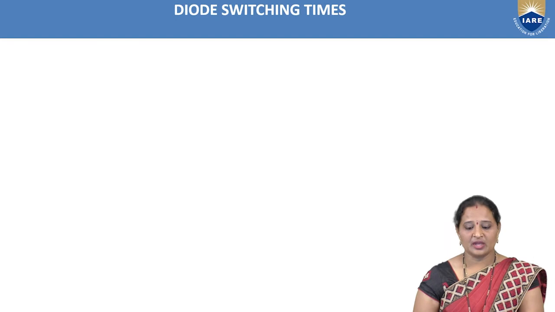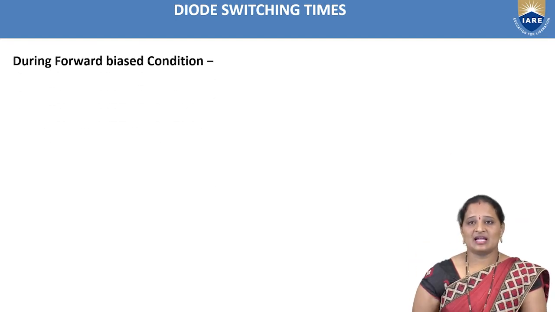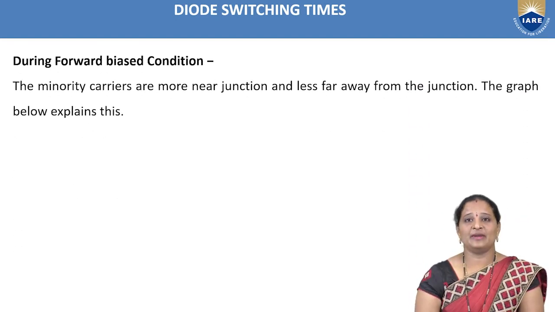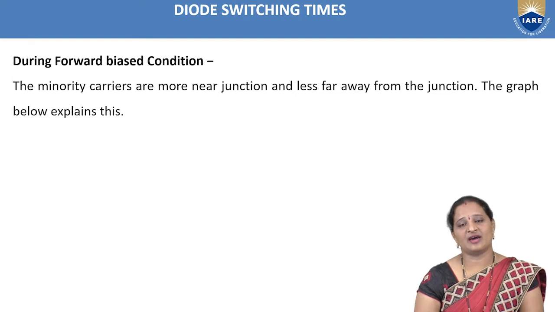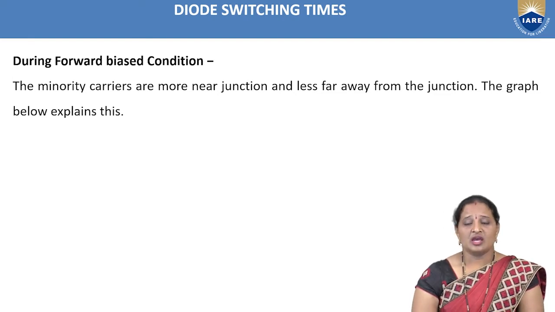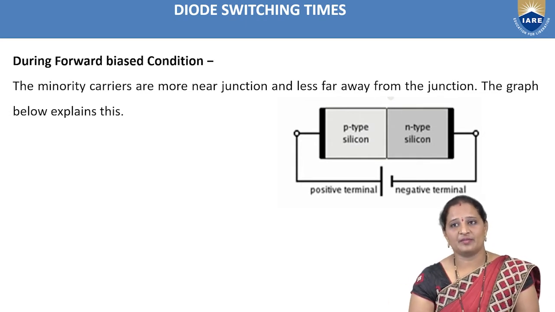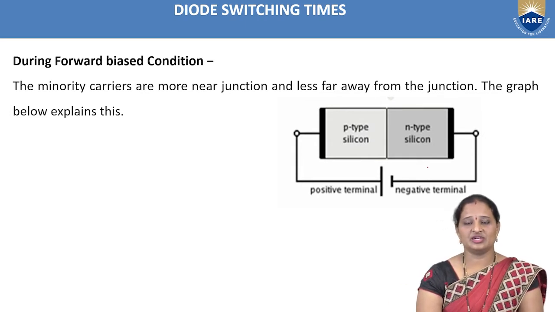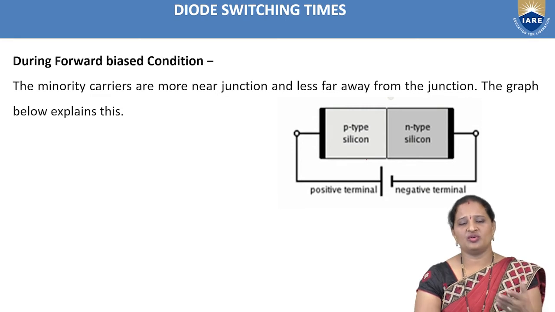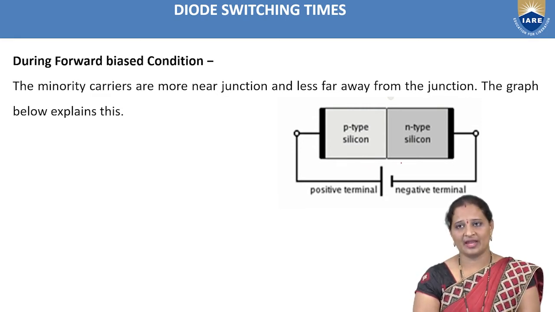So let us consider a PN junction diode under forward bias condition. What happens when a PN junction diode is forward biased? Here this is a PN junction diode. How do we provide the biasing such that the diode is forward biased?